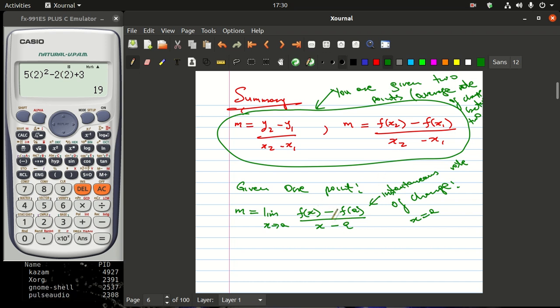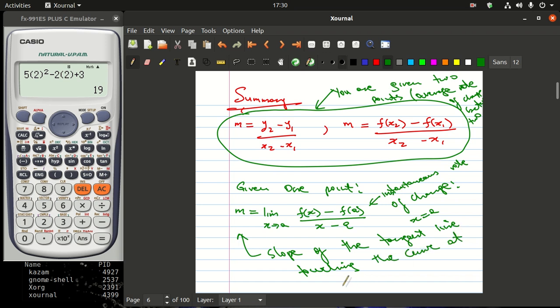This one is the instantaneous, or we usually call it, the slope of the tangent line touching the curve at point x is equal to, let me put it like that, at point a, f of a.